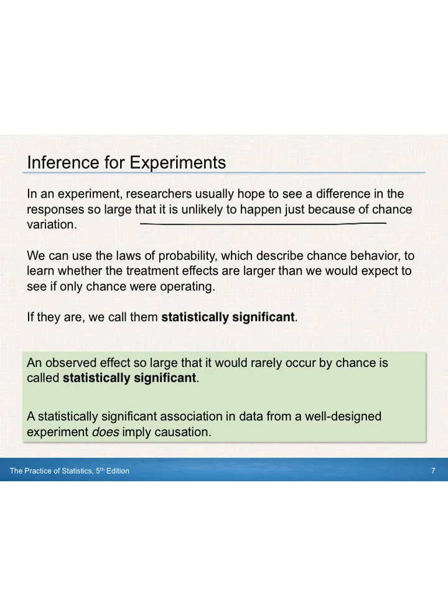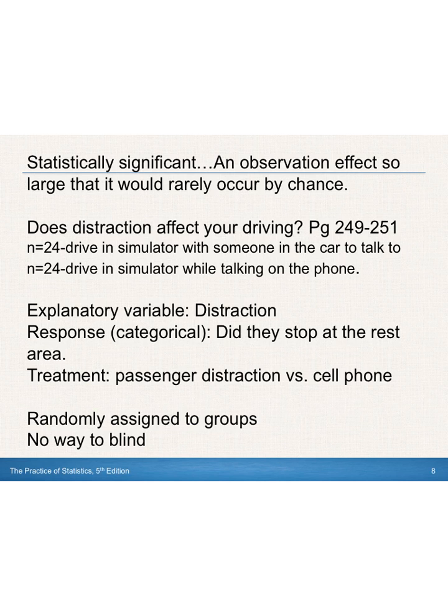So when we are looking at the results, we will do some simulations to decide if what happened happens frequently by chance or rarely by chance. And if it happens rarely by chance, then we consider it statistically significant. And I'll give you an example. There's an example on page 249 to 251, so if you'd rather read it instead of listening to me blather, you're more than welcome to.